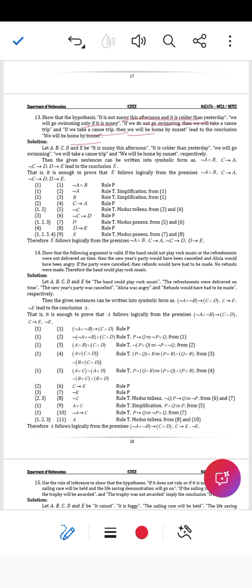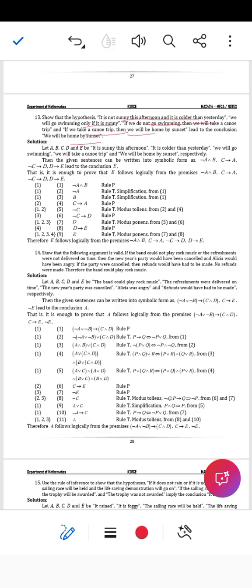The first one contains a negation, so we remove the negation and assign the variable: it is sunny this afternoon is A, and it is colder than yesterday is B.